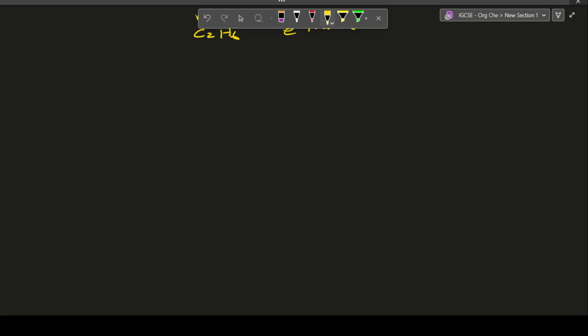So another terminology we have to learn about is called a functional group. What is a functional group? Let me give the definition first.